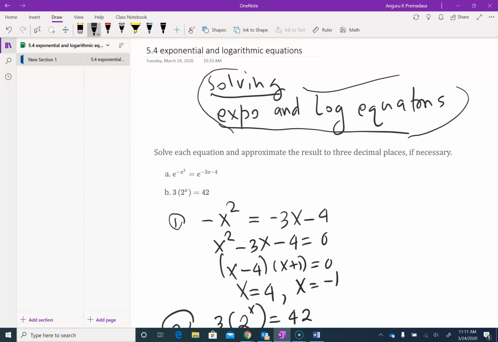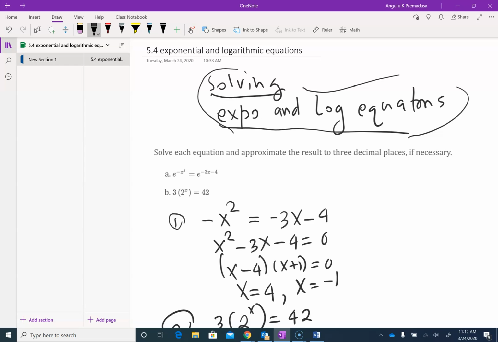For example, if you want to find out how long it will take for an infectious disease to reach a certain level, because the infectious disease grows in an exponential model, you will have to solve for the time, which is usually in the exponent. So that's an exponential equation, and we will see in the next section some examples of these applications.